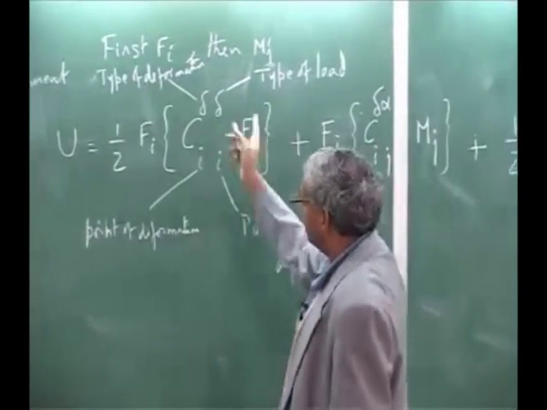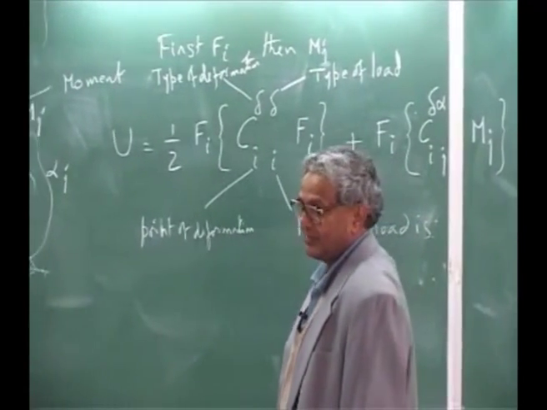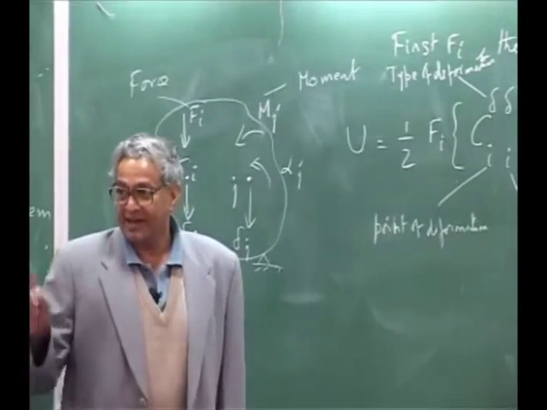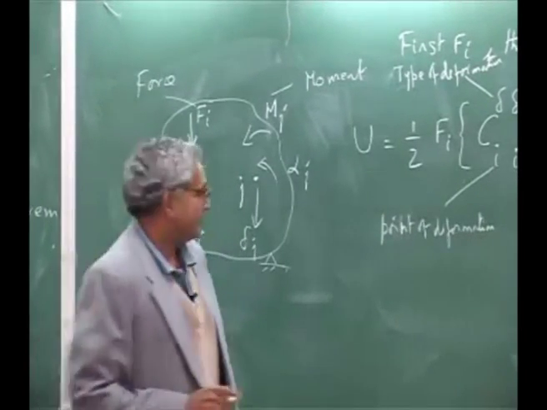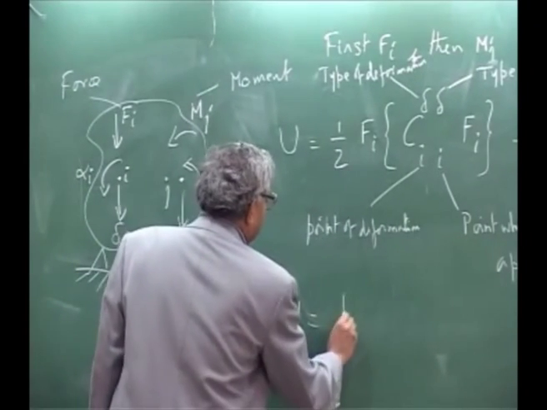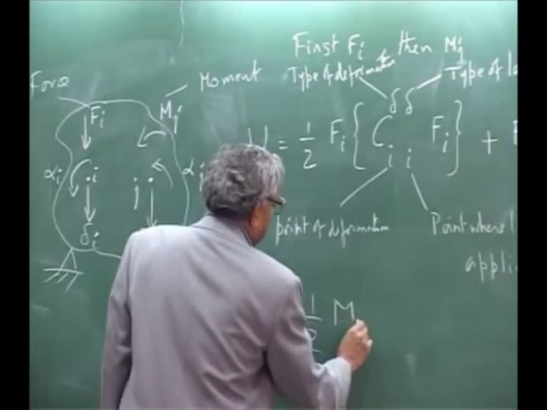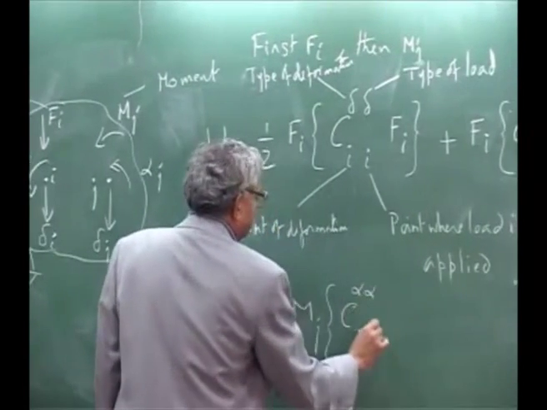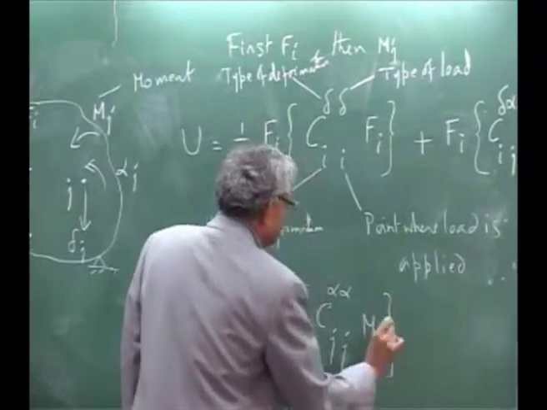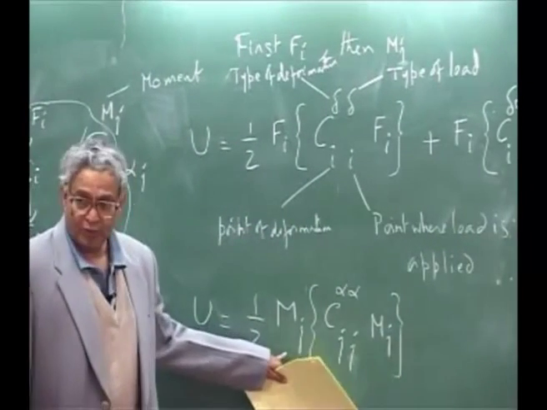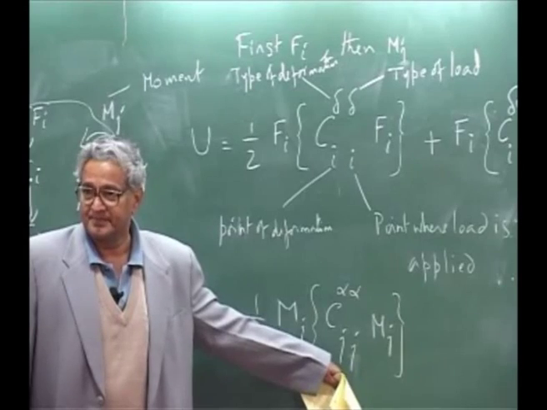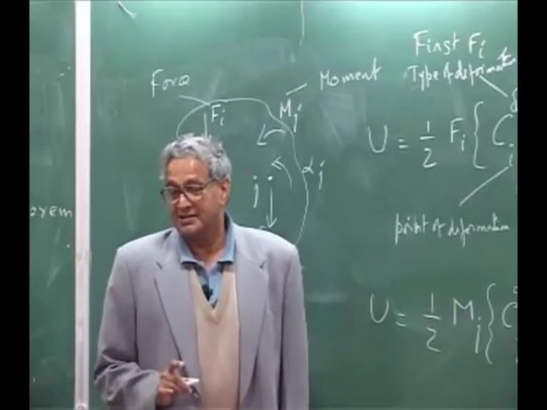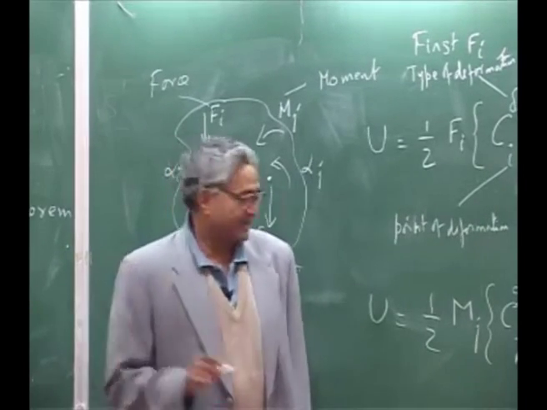Now if you change the sequence, applying Mj first and then Fi, I will have U equals half Mj C J J alpha alpha Mj. Moment, angular rotation. This is the first one. Next I am applying the load Fi.